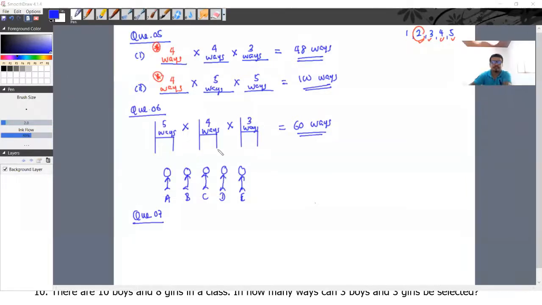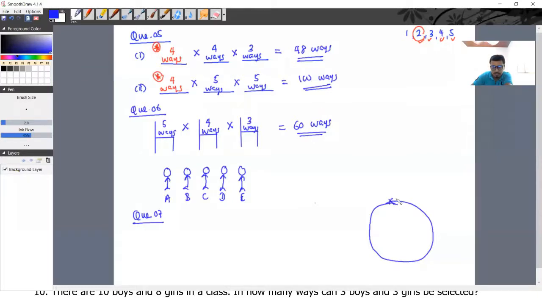720 ways. We'll see. In a circle. This is almost a circle. Right. We need to arrange 6 people.